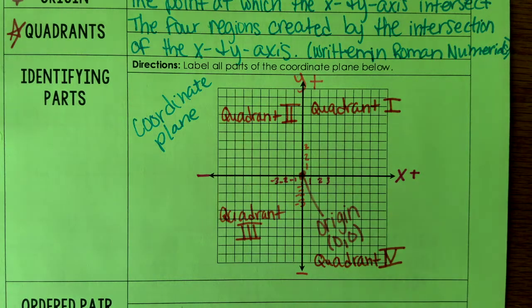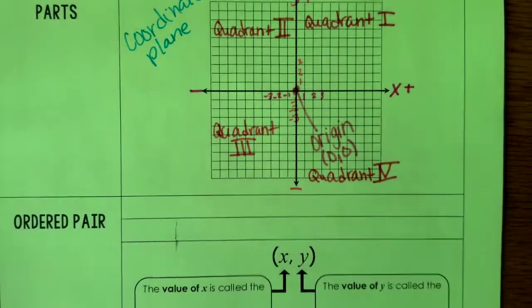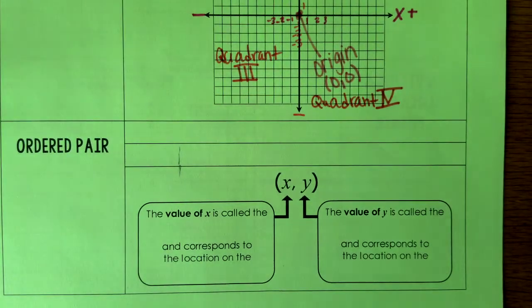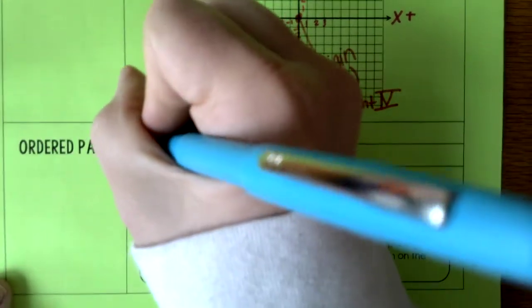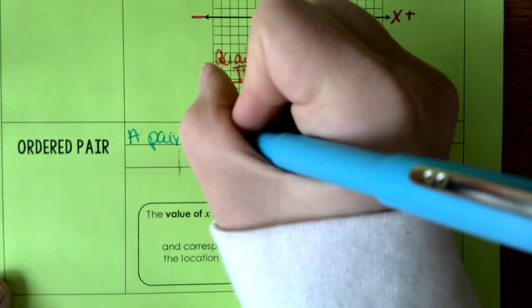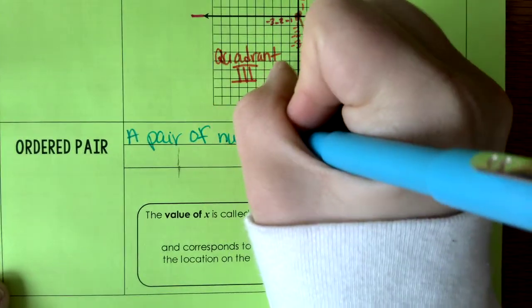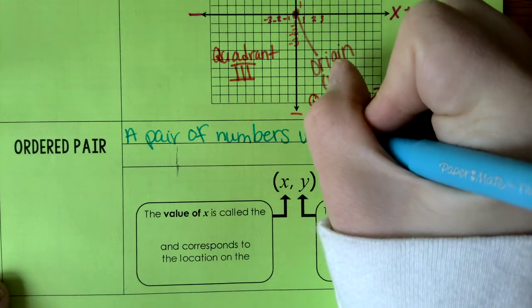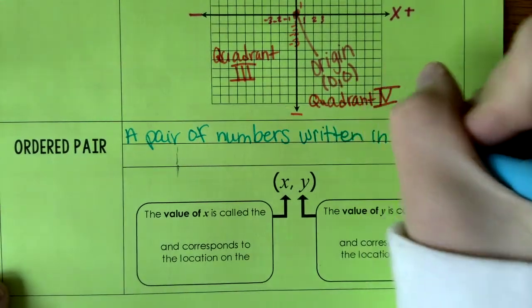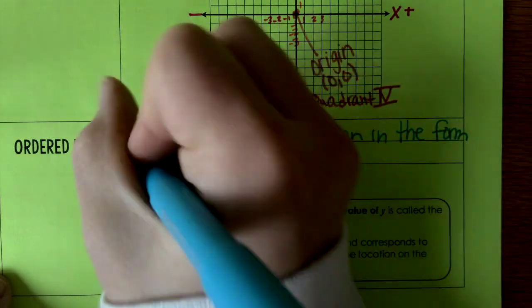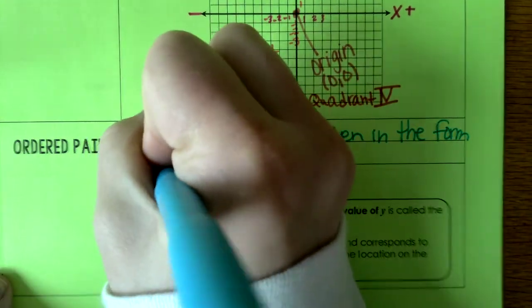So now what we're going to do is we're going to talk about ordered pairs. And ordered pairs tell us how we move on a graph and everything. So an ordered pair is a pair of numbers written in the form x comma y.